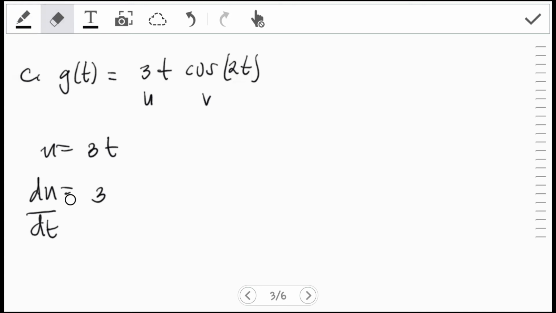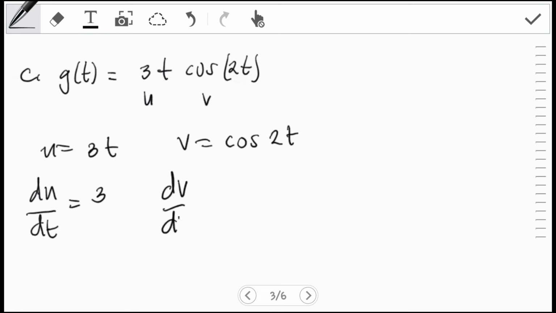Then v here is cosine 2t, where dv over dt is the derivative of cosine, that is negative sine 2t. Again, we apply the chain rule to the derivative of 2t, that is 2, so multiply by 2. Therefore, dv over dt is negative sine 2t times 2.